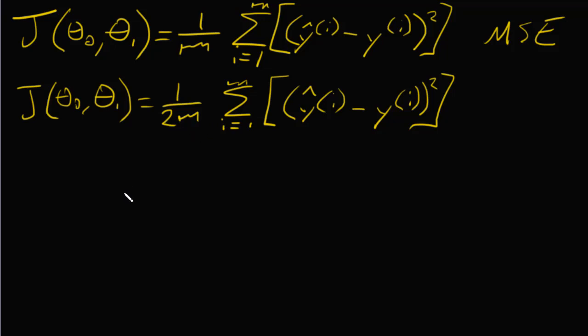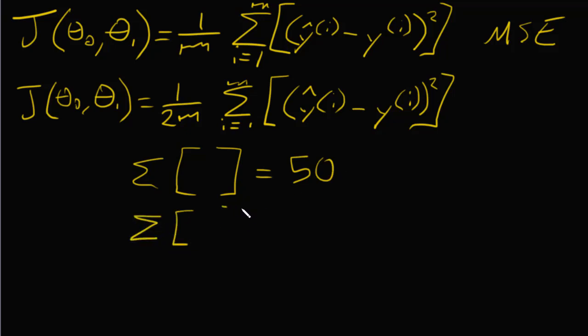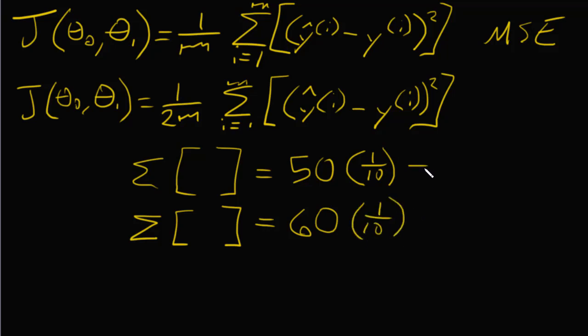Now this 2 won't affect things, because you can imagine if my summation was equal to 50 for one cost function, and the summation was equal to 60 for another. If I multiply these by 1 over m, maybe m is 10, I get that this one has a cost of 5 and this one has a cost of 6.